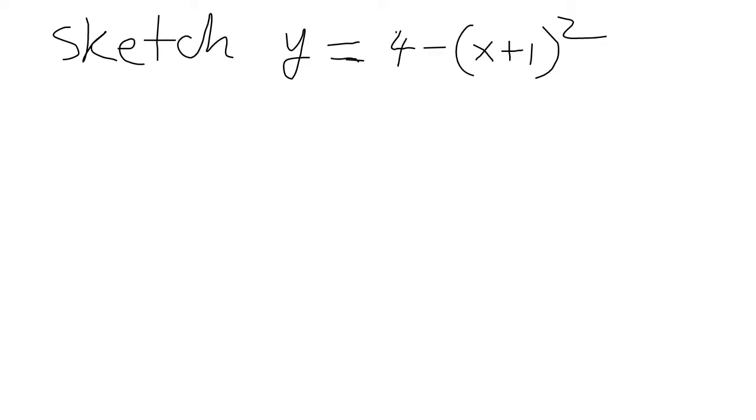As you can see, the parent function in this case is what? Y equals x squared. So go to the equation and find the parent function. The parent function is here.